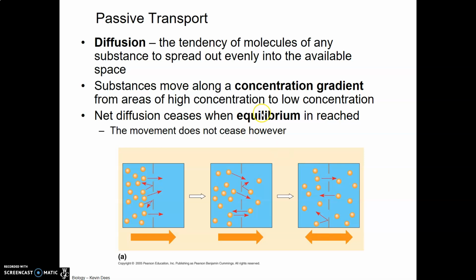Now, you might recall in lab, we talked about diffusion and about 4 factors that can influence the rate of diffusion. These 4 factors were the size of the particle. Obviously, a large particle is harder to move than a smaller one. The overall steepness of the concentration gradient could increase the rate of diffusion.